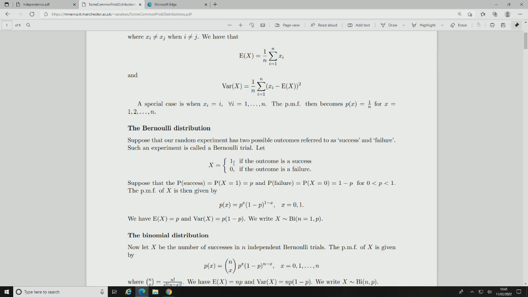You with me, guys? Now you can write x1 plus up to xn as the sum, using the sum notation.